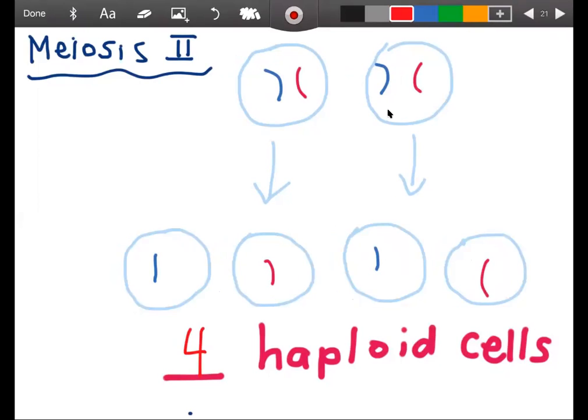There is prometaphase, but we don't really talk about it because it's just kind of the in-between between prophase and metaphase. So it's just a little bit more specific. So it would be the same as the process of mitosis in the sense that prometaphase is when the chromosomes are going to condense and the kinetochores are going to appear.